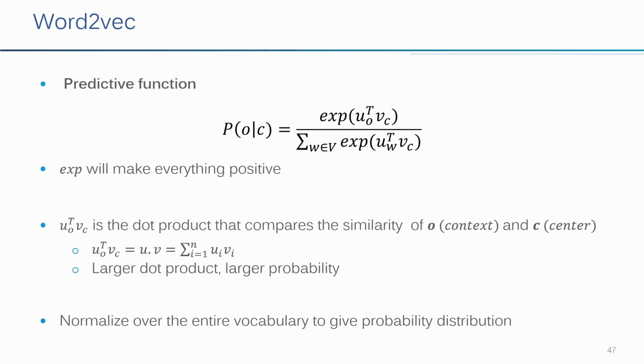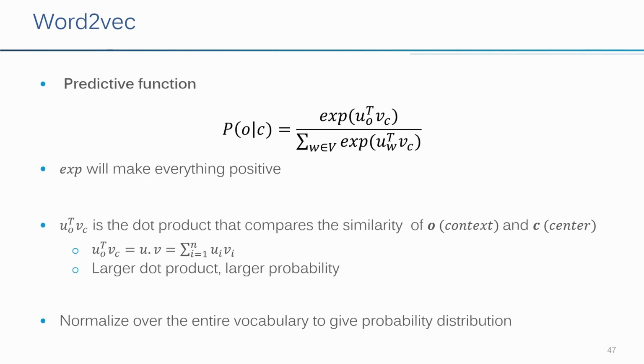So, some information about why we're using this function right here. First of all, we're going to use the exponential simply because we want to make everything positive. We don't want to deal with negative values here. Also, the dot product is comparing, or calculating, the similarity between our context and our center.